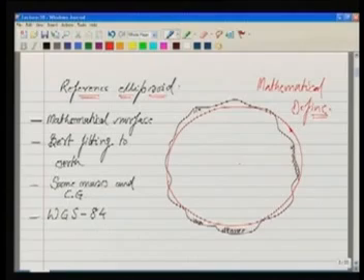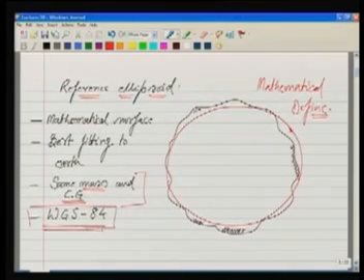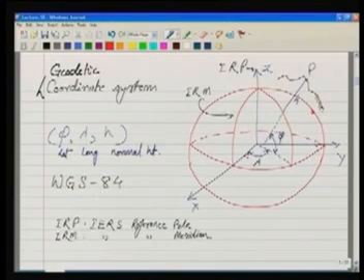Now, it is attempted that for this reference ellipsoid, its mass and center of gravity are the same as in the case of the Earth. One similar ellipsoid is WGS 84, and this is the one which is used by GPS for measuring the coordinates. Well, how is this reference ellipsoid helping in measuring the coordinates? Let us look at that.